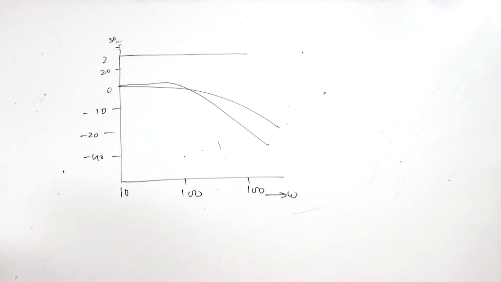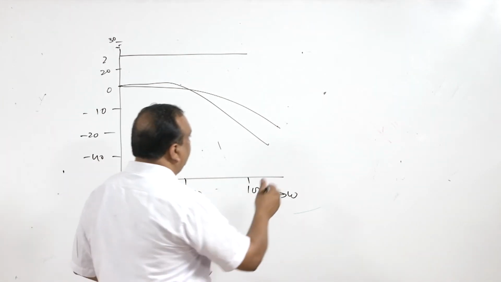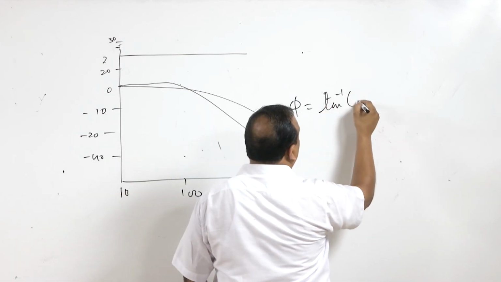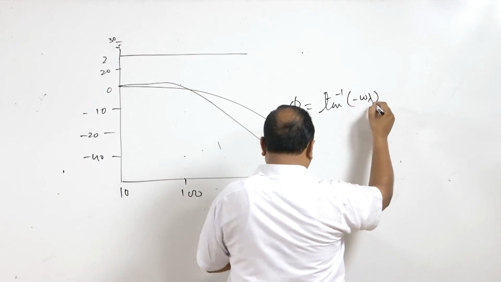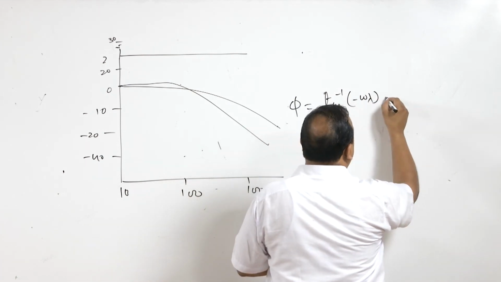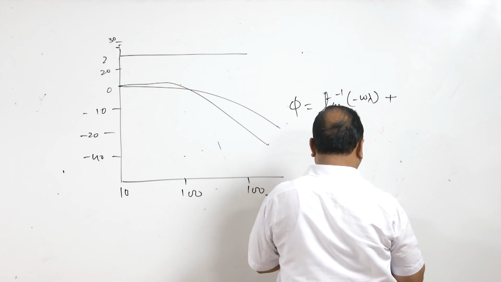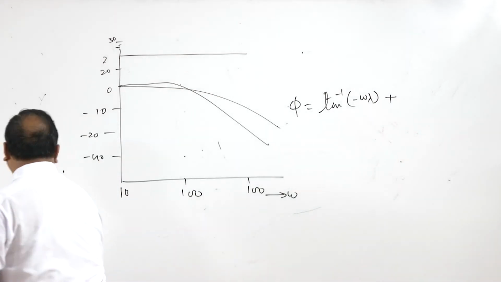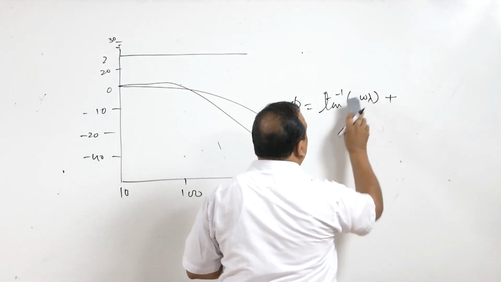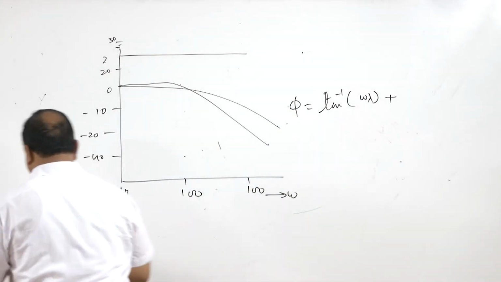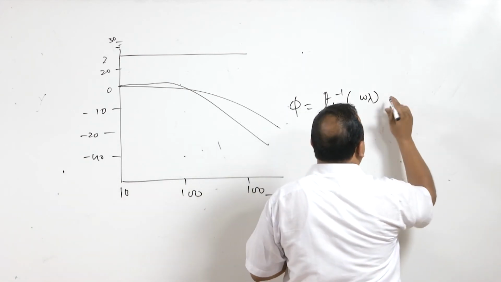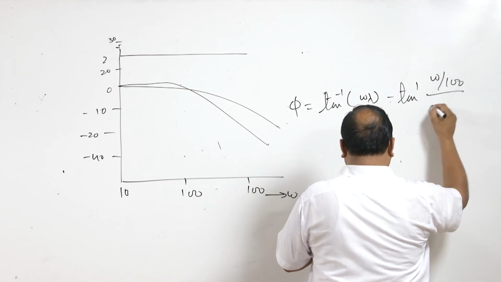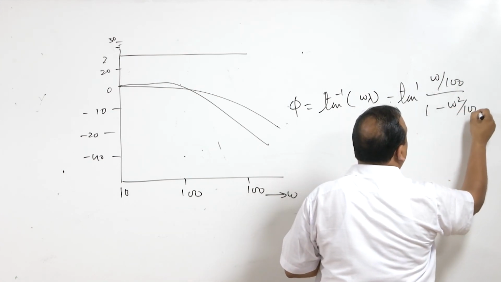Now regarding the phase lag, it is equal to tan inverse of minus omega lambda plus... this is phase lag, so if we are taking phase lag, then it will not be minus omega lambda, it is going to be plus omega lambda, minus tan inverse of omega by 100 divided by 1 minus omega by 1000.